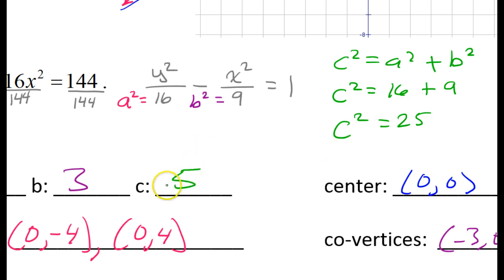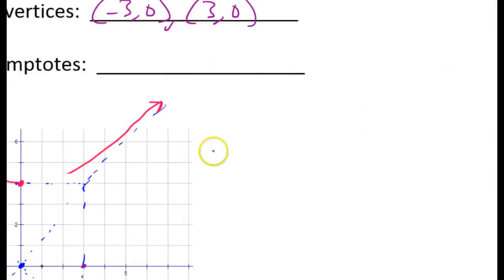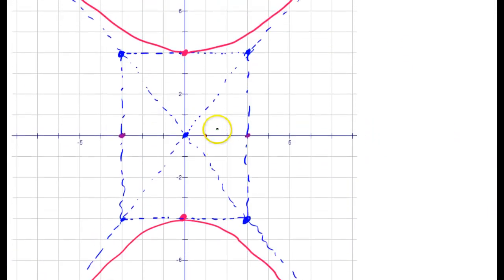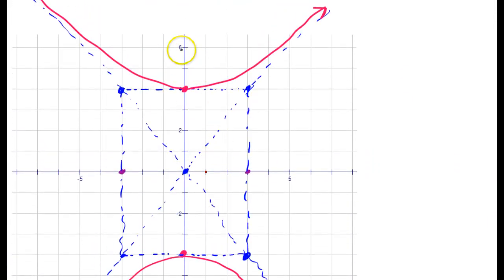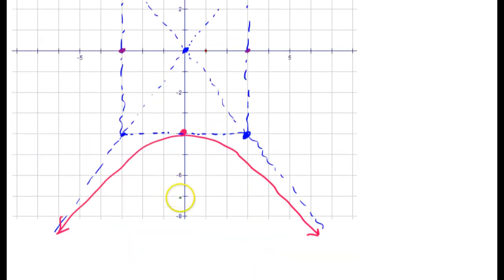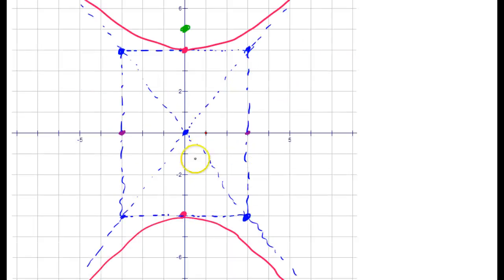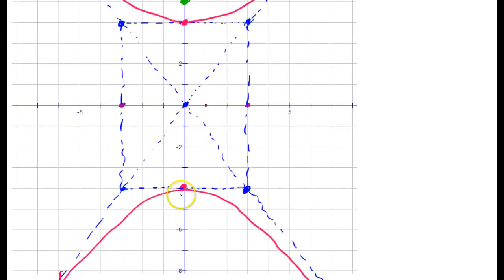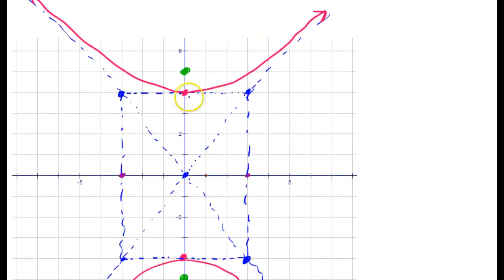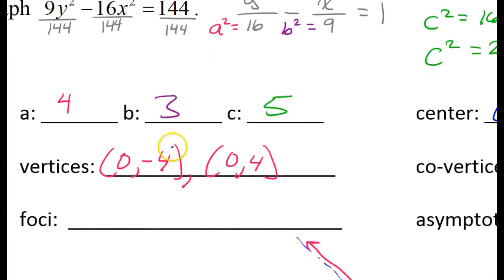Now, this is the distance from the center to a focus. We know that the foci should be located in the interior of each branch, somewhere around in here. But now I know that it should be exactly 5 from the center. So that's going to be right here. And 5 from the center this way, we know we will have a focus here. So the coordinates of these points are 0, negative 5, and 0, positive 5.